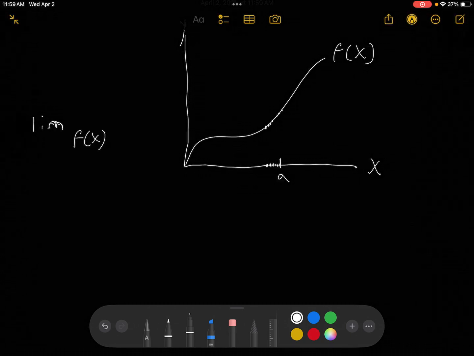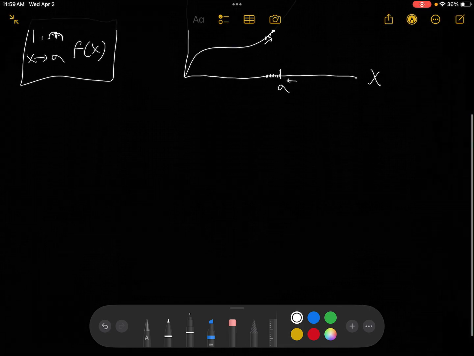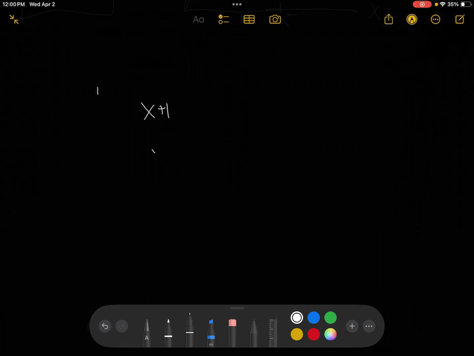So the notation for this is we say lim f of x, x arrow towards a. And when we ask for this, what we're asking for is, as x approaches a, what is f of x approaching? So let's see an example.